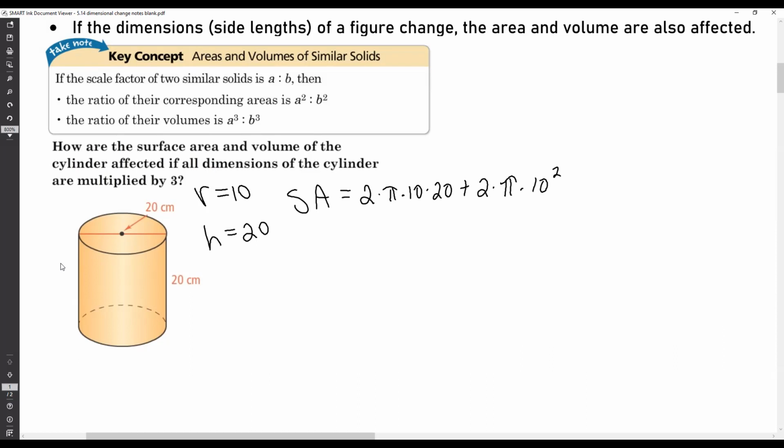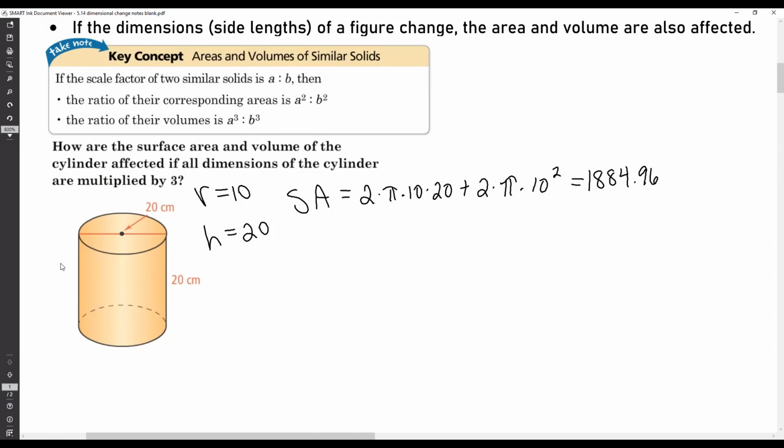So we're going to plug this into our calculator. 2 pi times 10 times 20 plus parentheses 2 times pi times 10 squared. And this is going to give us 1884.96, okay?